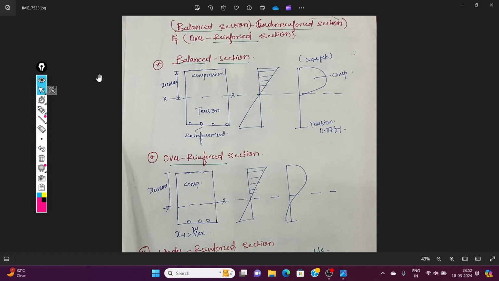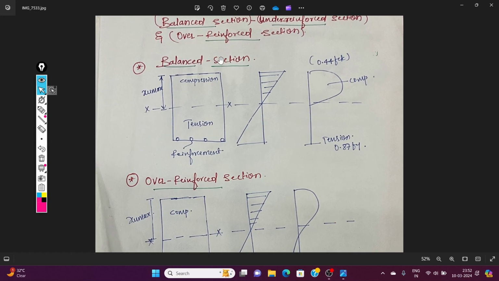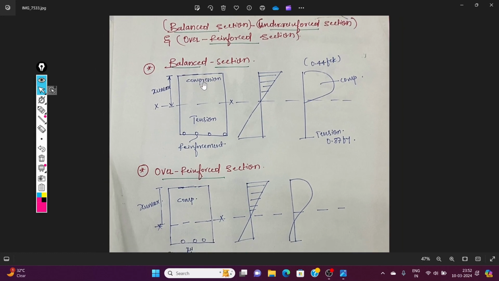Here we have three sections: balance section, under reinforced section and over reinforced section. In the balance section, this is the compression zone and this is the tension zone. At the top fibers, we have compression. At the bottom fibers, we have tension.